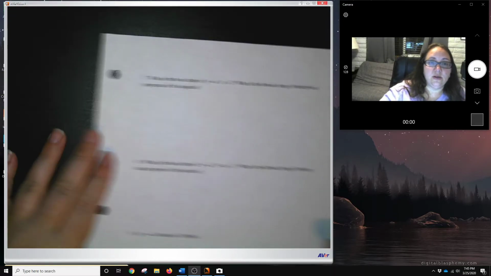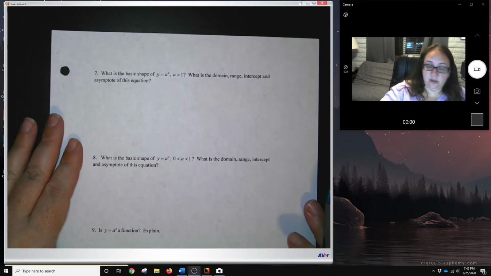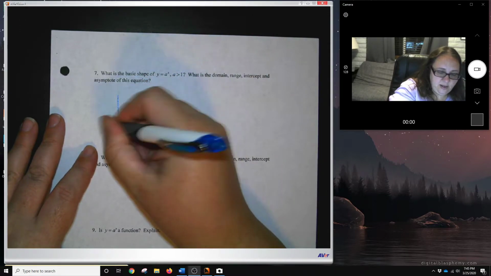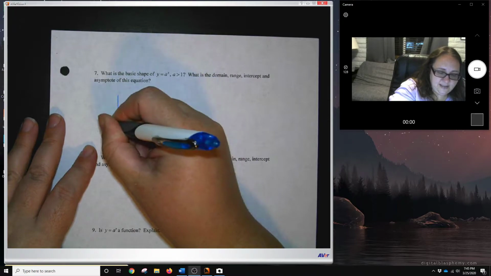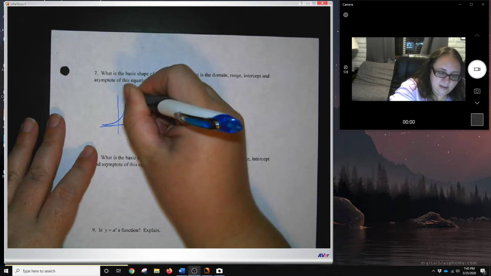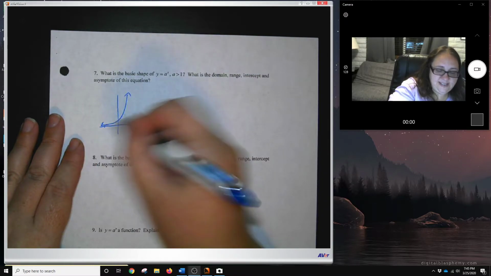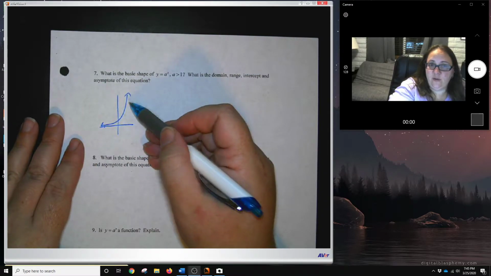Okay, so let's write down some of the generals here. In general, the shape of y equals a to the x when a is greater than 1 is this, where the steepness of my curve is determined by the a value.